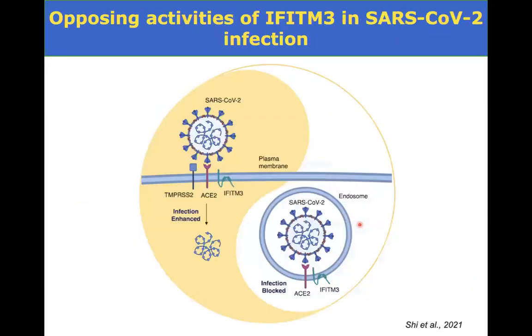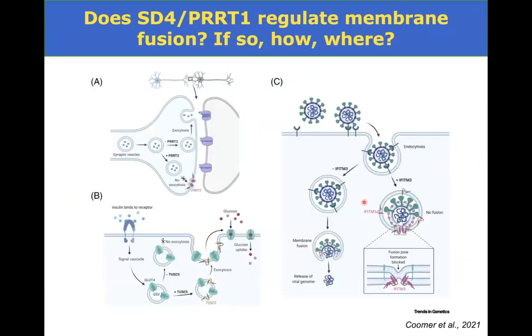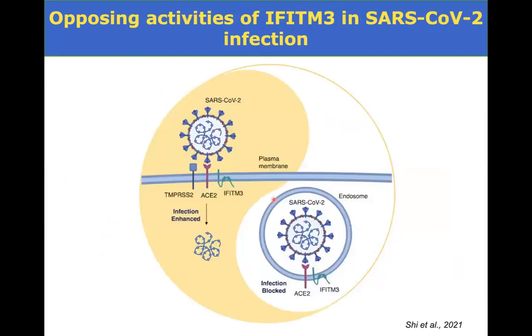And what's interesting, going back to the IFITMs, is that depending on where the protein is localized, it will either promote or inhibit membrane fusion. As I mentioned, normally these IFITMs are found within endosomes and they block fusion of viral particles there. But if you engineer them so that they're on the plasma membrane, you actually promote endocytosis, and infection is enhanced.